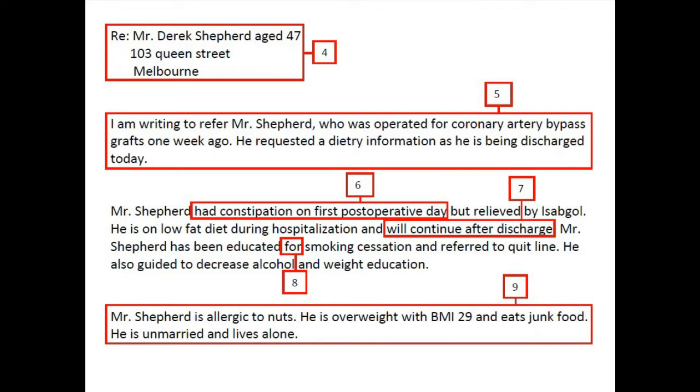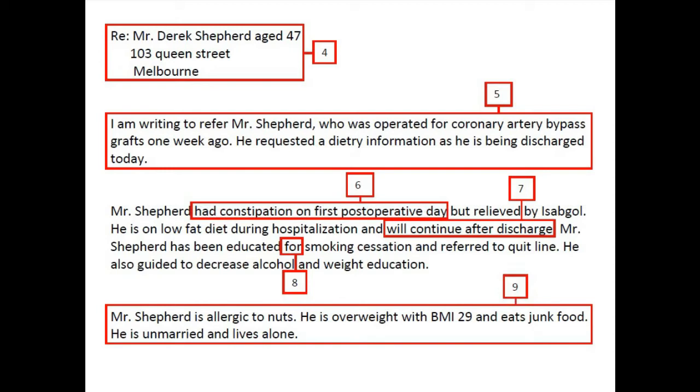Moving to the second paragraph, Mr. Shepherd had constipation on first post-operative day but relieved by Isabgol, which is wrong because according to the case note, Mr. Shepherd had constipation after 2 days of the first post-operative day and not on the very first day. Coming to the second sentence, he is on low-fat diet during hospitalization and will continue after discharge.